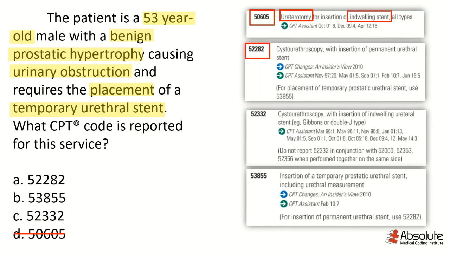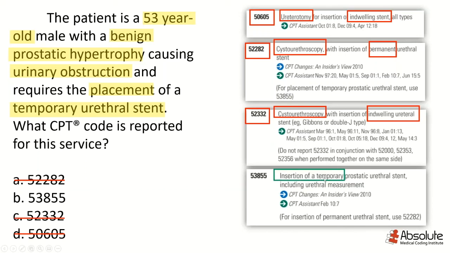Then we have code 52282. This is for a cystourethroscopy with insertion of a permanent urethral stent. That's not going on. Again, keywords. Keywords are driving you. All right. The cystourethroscopy here with insertion of, yet again, an indwelling stent. Different procedures going on, but they're still trying to put in that indwelling stent. And no, that's not what we have. We have insertion of a temporary prostatic urethral stent.